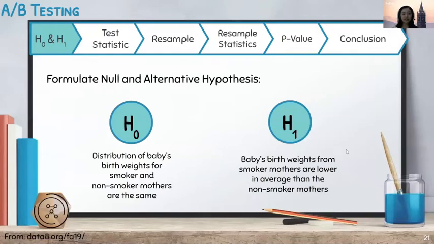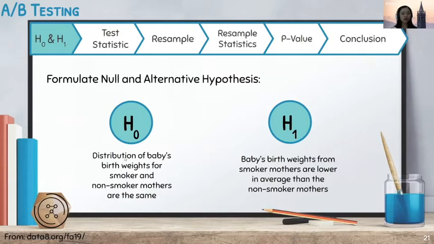Since A/B testing is a type of hypothesis testing, the guideline would match with hypothesis testing. So our first step would be to formulate the null and alternative hypothesis. The two samples in our case this time are the weight of the baby from smoking mothers and the weight of the baby from non-smoking mothers.